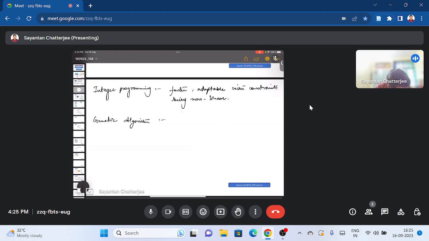These are mainly robust, adaptable, etc., but they have a longer execution time. So there are some advantages on some parts and disadvantages on others.